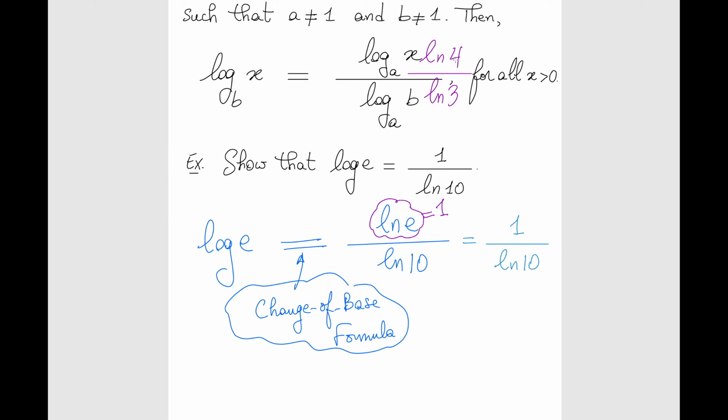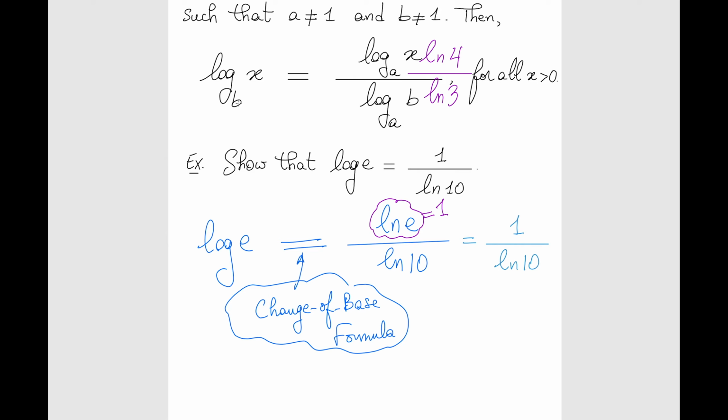This is ln of 4, which means log base e of 4. Contrast it with this black part. Log base e of 4. So a is e, and x is 4. And this is log base e, same base, of 3. So a is e, x is 4, and b is 3.